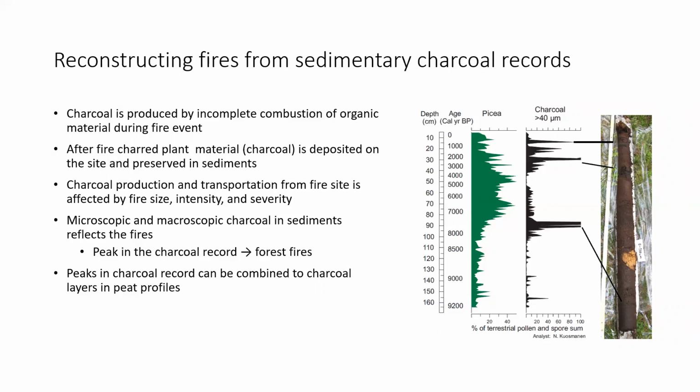And as I already previously said, the size of the fire and how intense the fire is affect how the charcoal is deposited and transported. For example, if you have a very intense crown fire, it can lift the smoke and also the charcoal particles quite high in the atmosphere, and they are then transported further away from the fire.